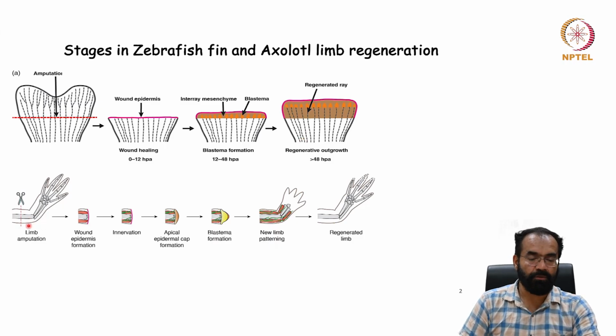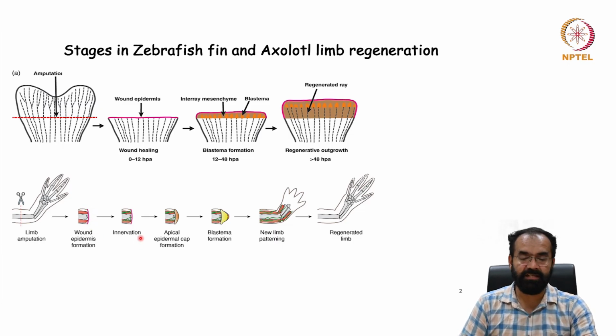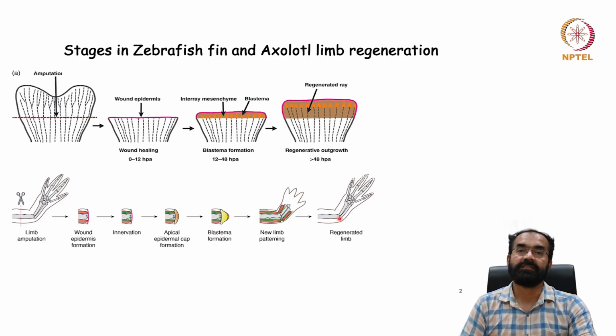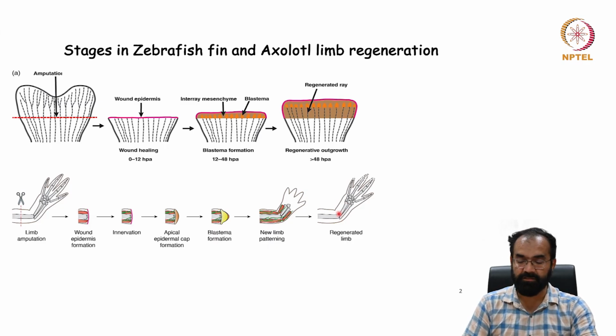It is the same with the limb. You cut it, you have wound epidermis formation just like the fin, and innervation is necessary, as we saw in previous classes. You have an apical ectodermal cap formed, underneath there is a blastema, the new limb patterning happens, and the limb gets regenerated fully, as you can see in this picture.